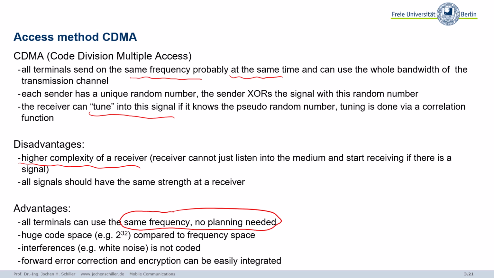But as soon as the languages are too close to each other, for example American and British English, or Dutch and German, then you will understand parts of the conversation. That means there's a lot of interference.